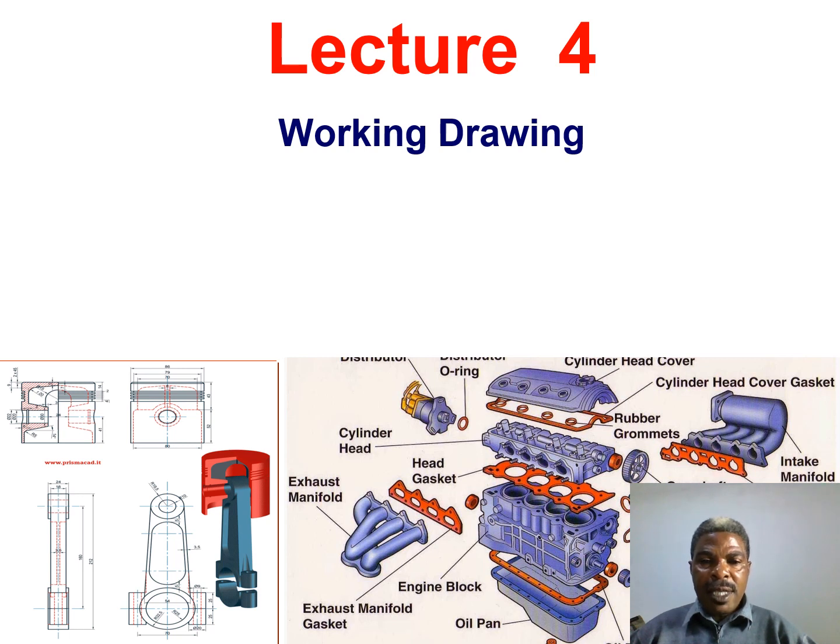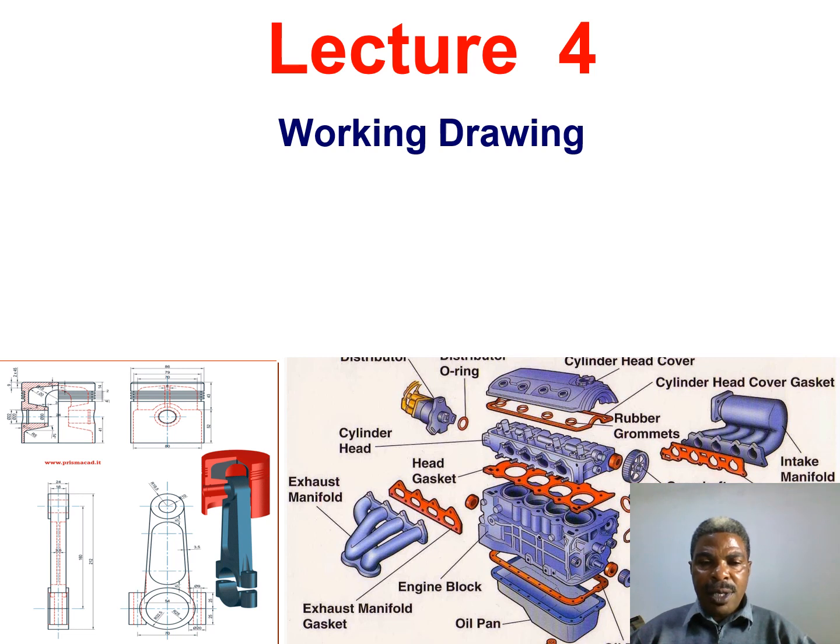For example, this is an engine with the separated parts or disassembled parts. Now they are given the sequence on how each will be brought to the component to form a complete assembly of a component.